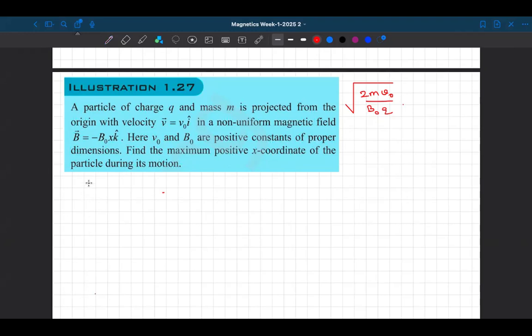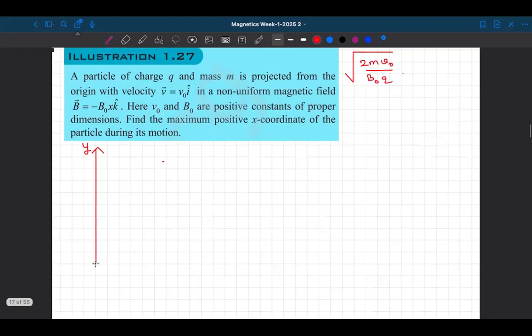I am assuming this is the y-axis, and this is the x-axis.